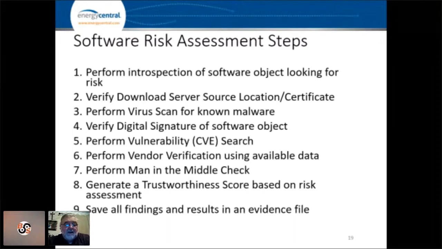Ultimately, when all of these steps are completed, we create a trustworthiness score based on that risk assessment. And lastly, all of the material is saved in a results file, an evidence file, if you will, that can be presented to auditors coming in from NERC or FERC, or could even be presented to the folks at a credit rating agency as evidence that a party is indeed implementing their controls to prevent bad software from making its way into the systems.